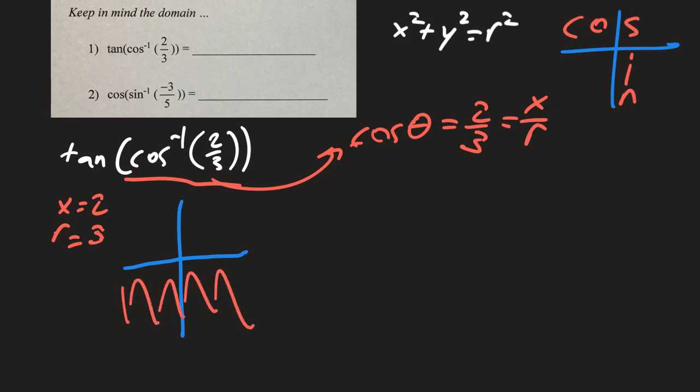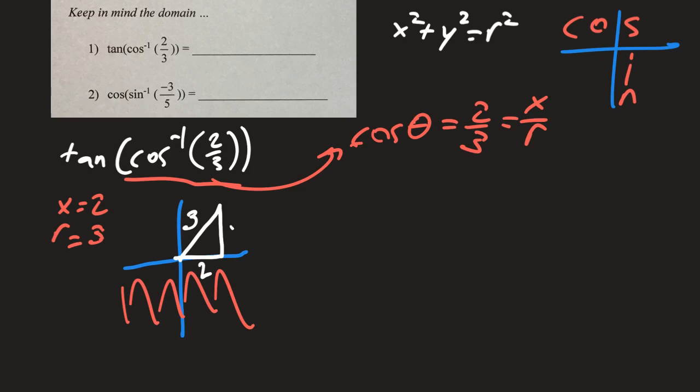It can't be drawn down there. And let's go ahead and draw our triangle up in a positive direction because cosine is positive. So that's going to end up over here where I can have a positive 2 and an r value of 3. Now, with this information, I can solve for my y value that I'm missing, okay?